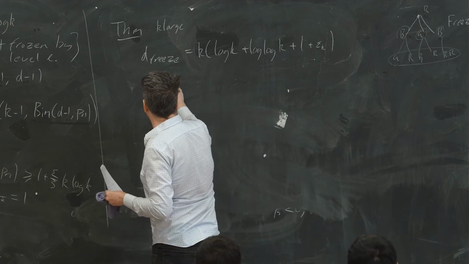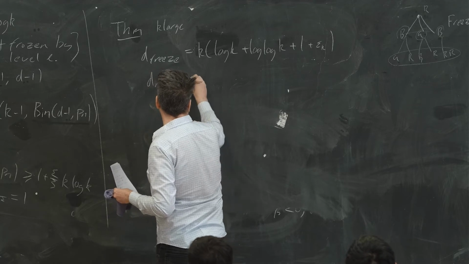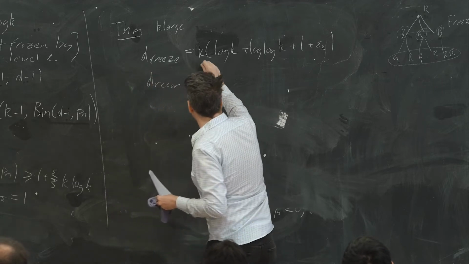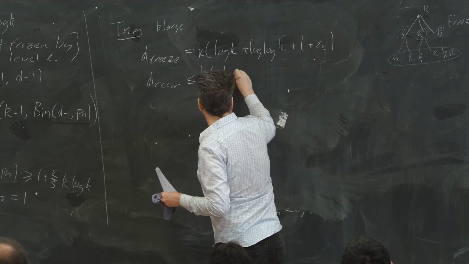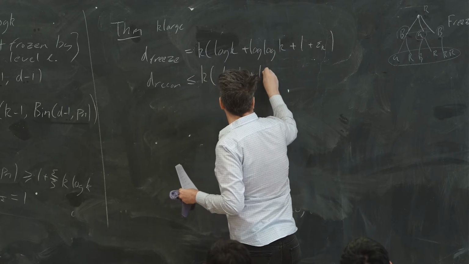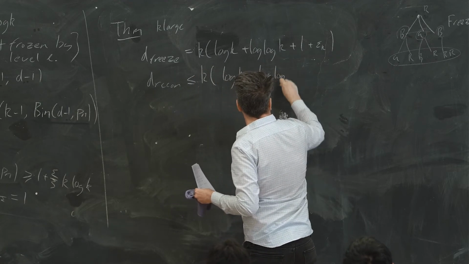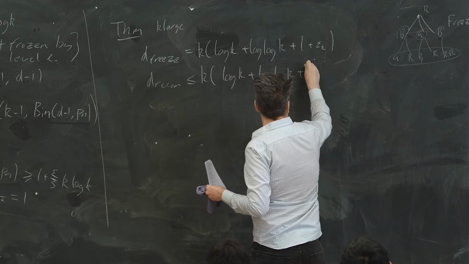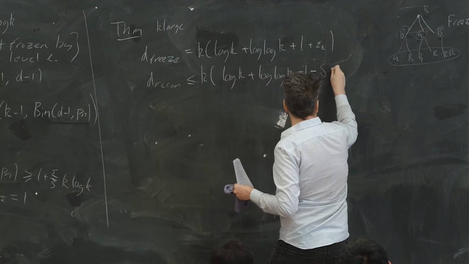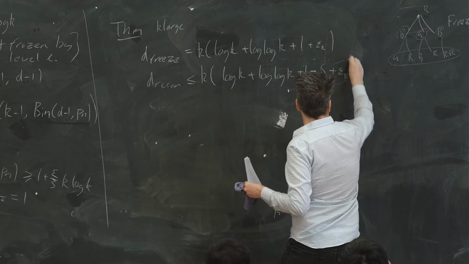The threshold for reconstruction is less than or equal to that minus delta plus epsilon_k.